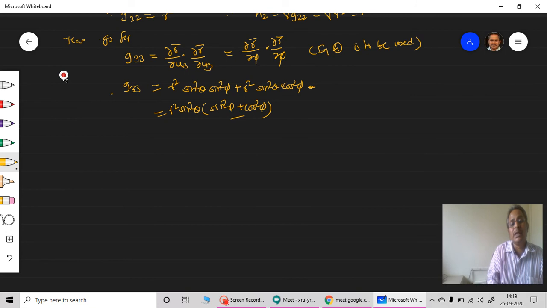This comes to 1, and therefore what remains here is G33 is equal to r² sin²θ.